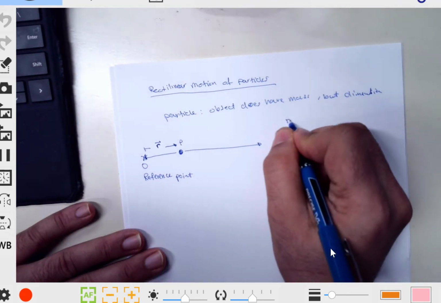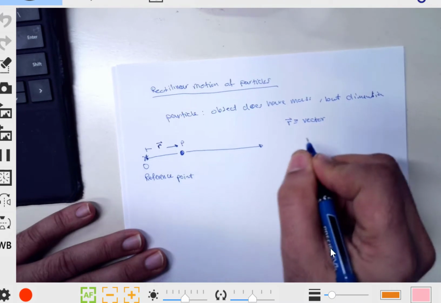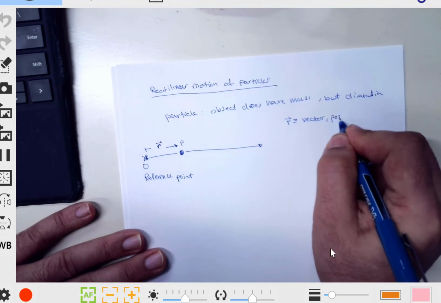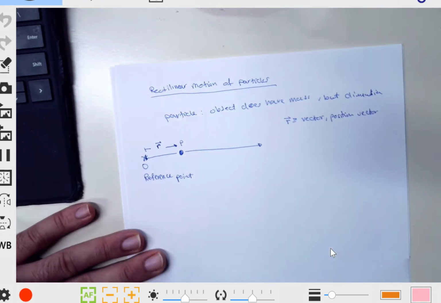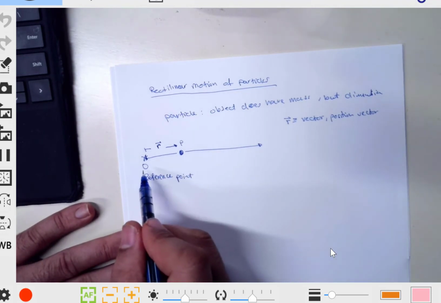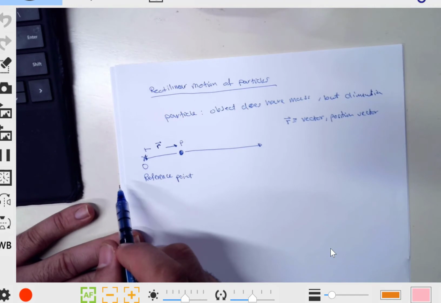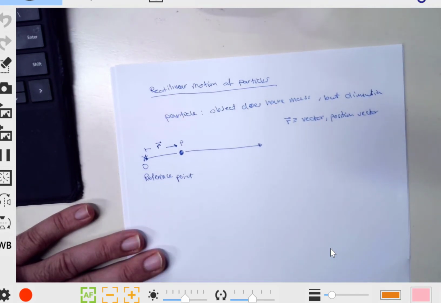So r is a vector, right? It's a position vector measured from a reference point. It's a position vector of the location of the point P at any time, if we are measuring this with respect to time, measured from the reference point.